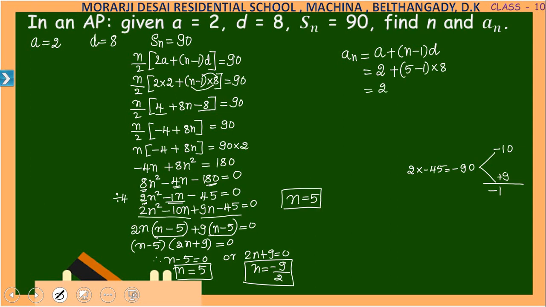So 2 plus 5 minus 1 is 4, into 8. So 2 plus 32, that is 34. Therefore a5 is 34.